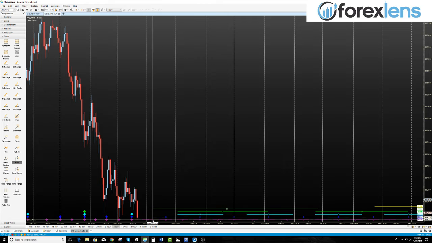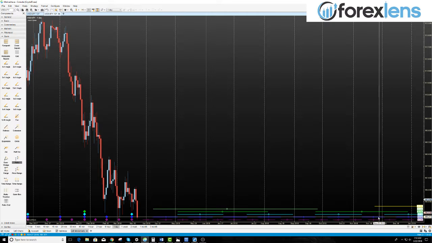When the purple lines show up, generally a market bottom is found around that time. Then the next level above, that's 35.9 days.